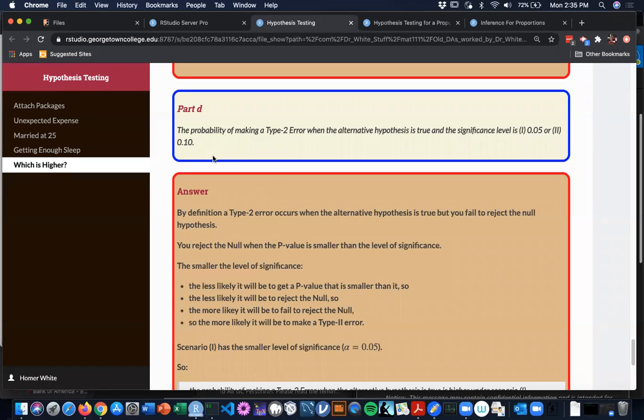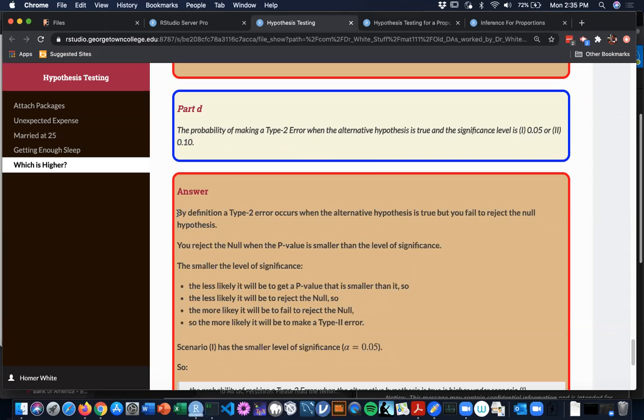Okay, so let's see here, part D. The quantity we're interested in is the probability of making a type 2 error when the alternative hypothesis is true. And the significance level is either scenario 1, 0.05, or scenario 2, 0.10. So in scenario 1, you're going to reject the null if the p-value is less than 0.05. In scenario 2, you're going to reject the null if the p-value is less than 0.10.